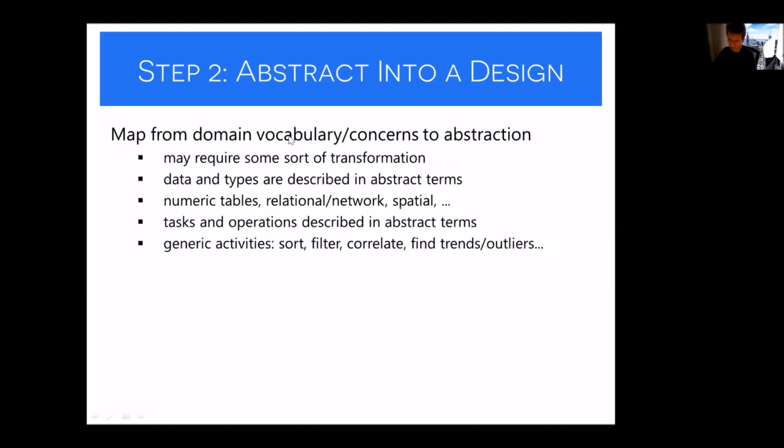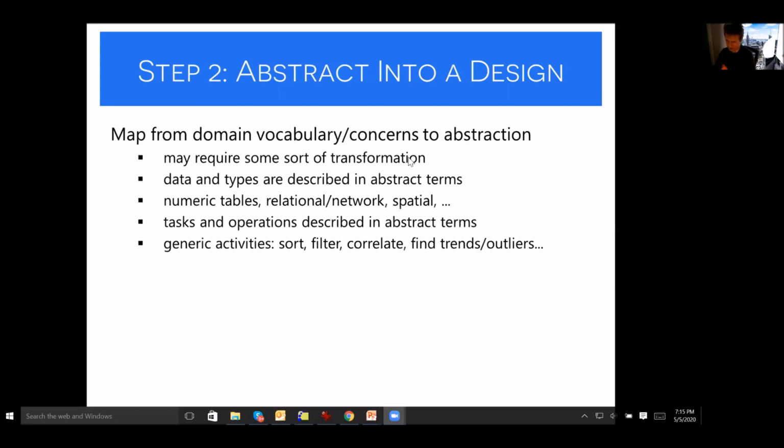Then the next thing is you abstract this into a design, okay? Come up with no visualization, nothing, just the design, mapping from the domain vocabulary to the abstraction. So you need to do some sort of transformation. The data types are still described in abstract terms.